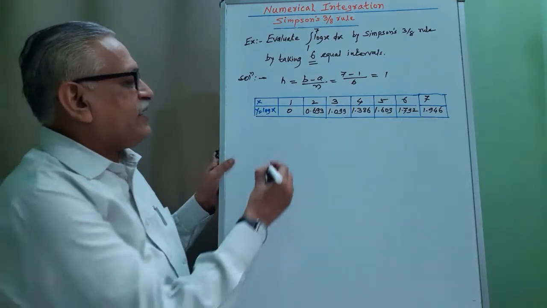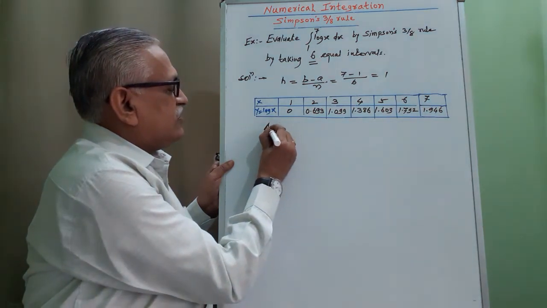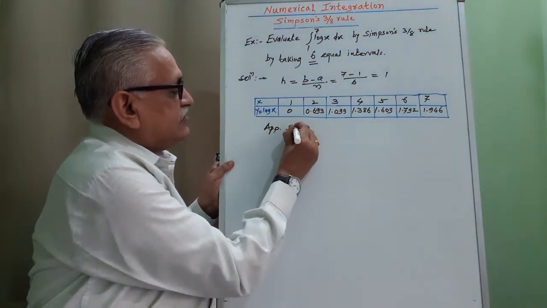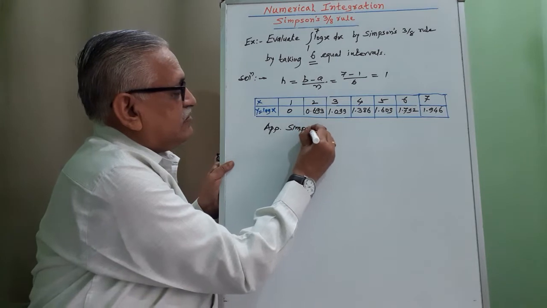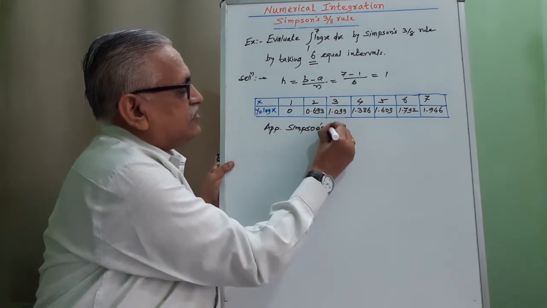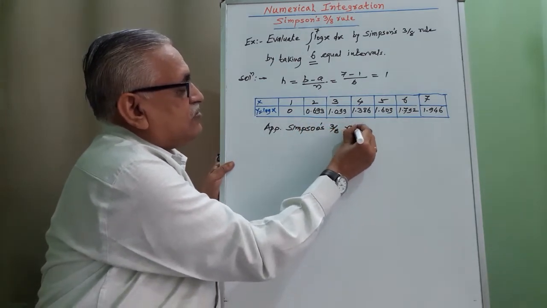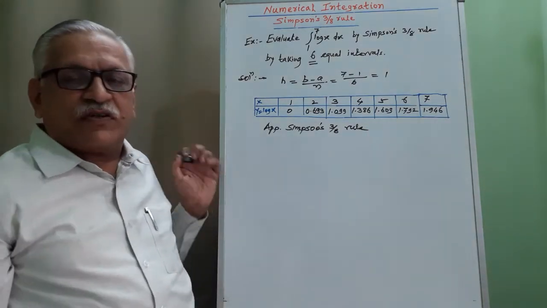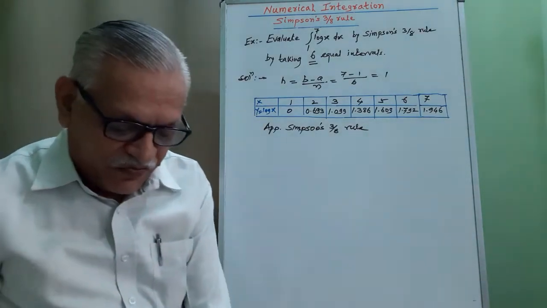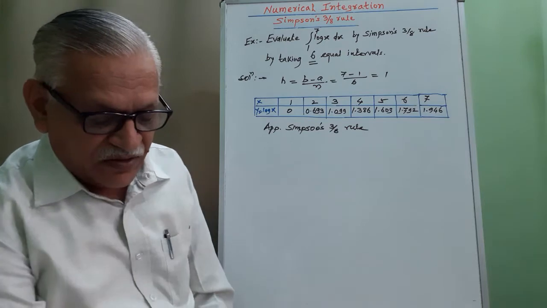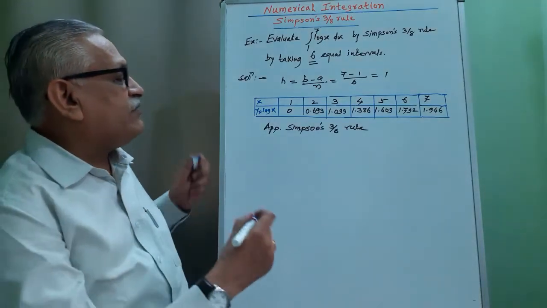Then applying Simpson's 3 by 8 rule. First of all, I will write down the formula. For that, we write down the values above and below.